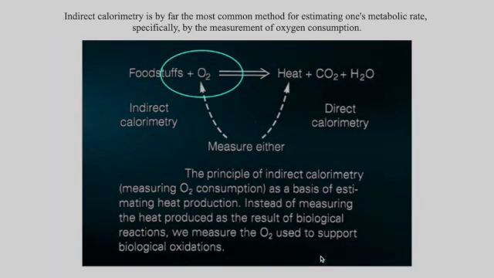It is based on the observation that when your muscles are working, a direct relationship exists between the amount of oxygen consumed by the body for energy production and the amount of heat produced. So by measuring the rate of oxygen consumption, the indirect calorimetry, we can get a very good estimate of an individual's metabolic rate.